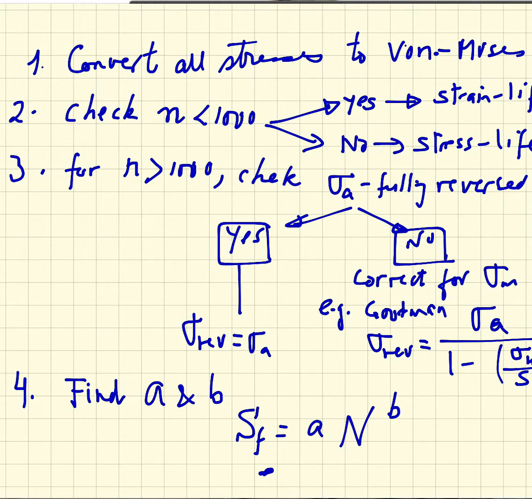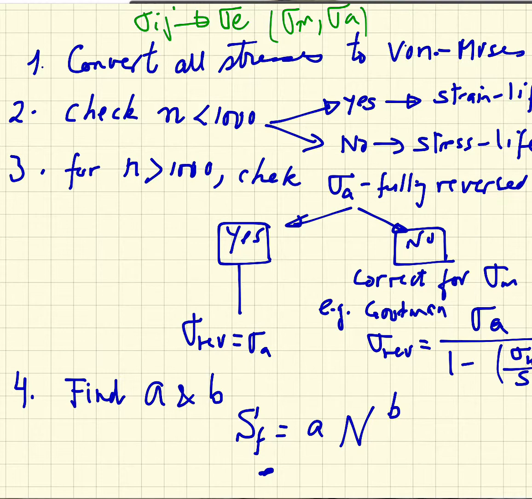So the first step in fatigue design is that if we have a matrix sigma ij, then we have to convert this to sigma von Mises, which is equivalent stress, and that will be for the mean and also for the alternating. So this is the first step, and this step comes from conversion of the load to equivalent values of the stress components.